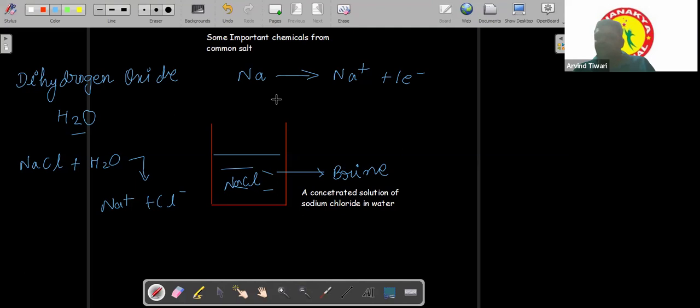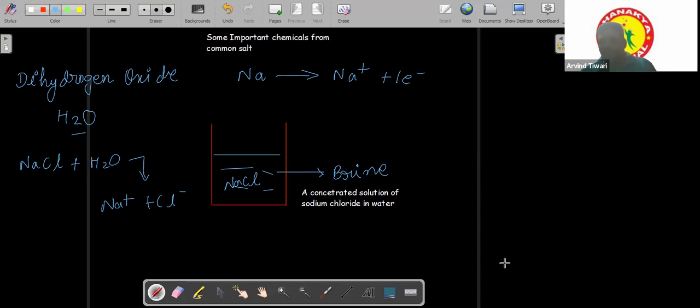What about the iron in the apple? Sir, is it ionic form? Yes. When iron is present in the apple, it is present in the ionic form, and ions are soluble in water.